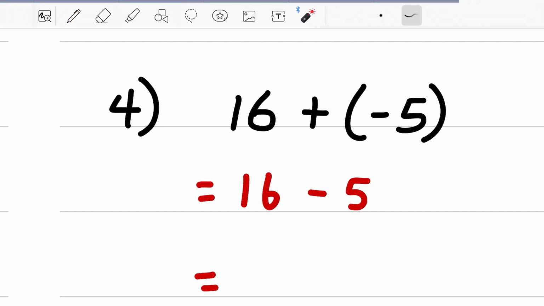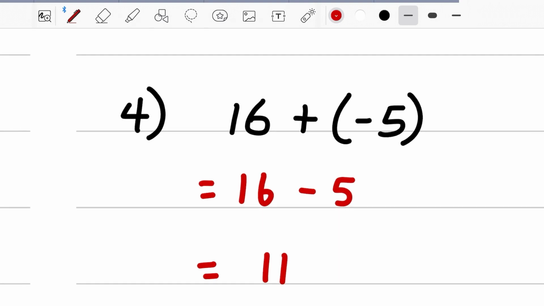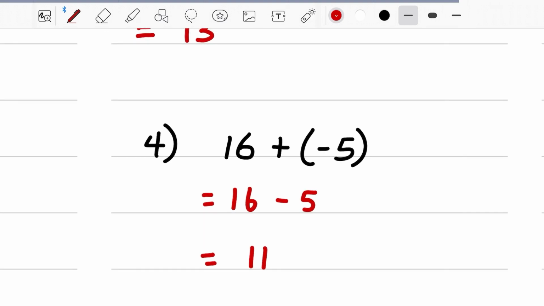Signs are different. 16 is positive, minus 5 is negative. So we subtract. 16 minus 5 is 11. And 16 is positive, it's also the bigger number. So your answer is positive 11. Okay, so these are the same rules as the exercise we were previously doing.